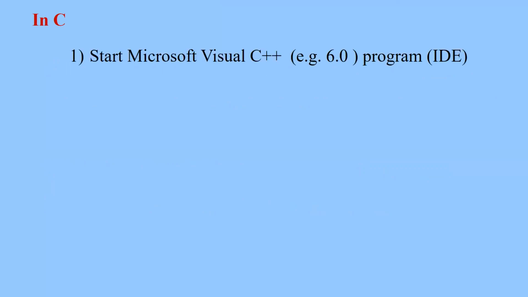What about in C? How do we go about creating our program as well as executing it? So start Microsoft Visual C++, for example 6.0, in the same way that we start any other program in your computer.